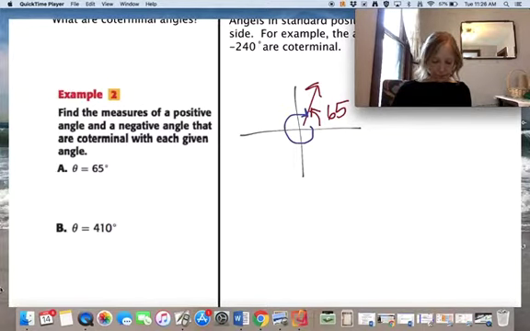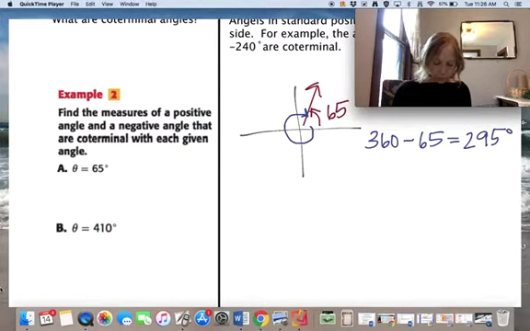It would be 90, 180, 270, and a little bit more. It looks like the math that I'd need to do to figure out what the measure of that blue angle is, take 360, subtract 65, and then I will get my answer of 295 degrees.